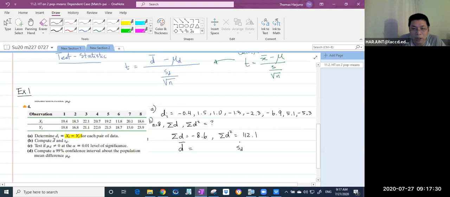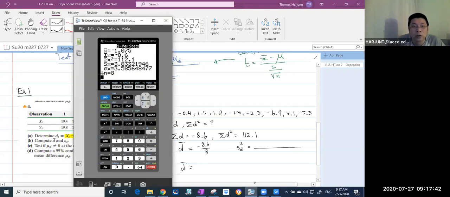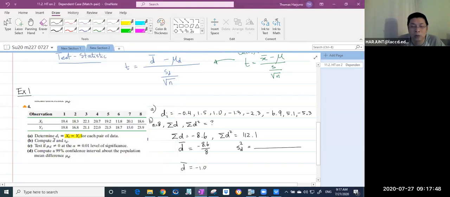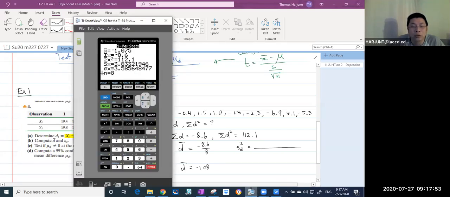But for me, I need you to show me the computation though. My D bar will be negative 8.6 over 8, which, if you look at your calculator, so at least you can pretend that you do it by hand, negative 1.08, 0.75, my bad, 0.75.